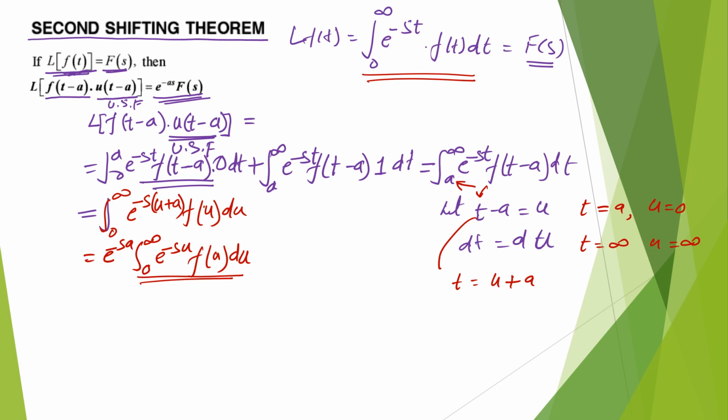Over here we are getting the Laplace for function of t, but over here we are getting the Laplace of function of u, but the result will be F(s) and e to the power minus sa.